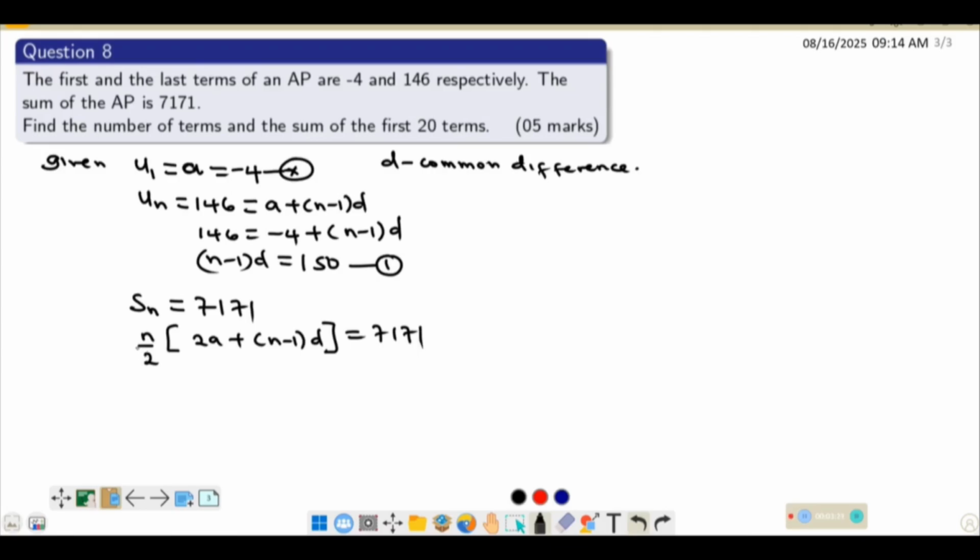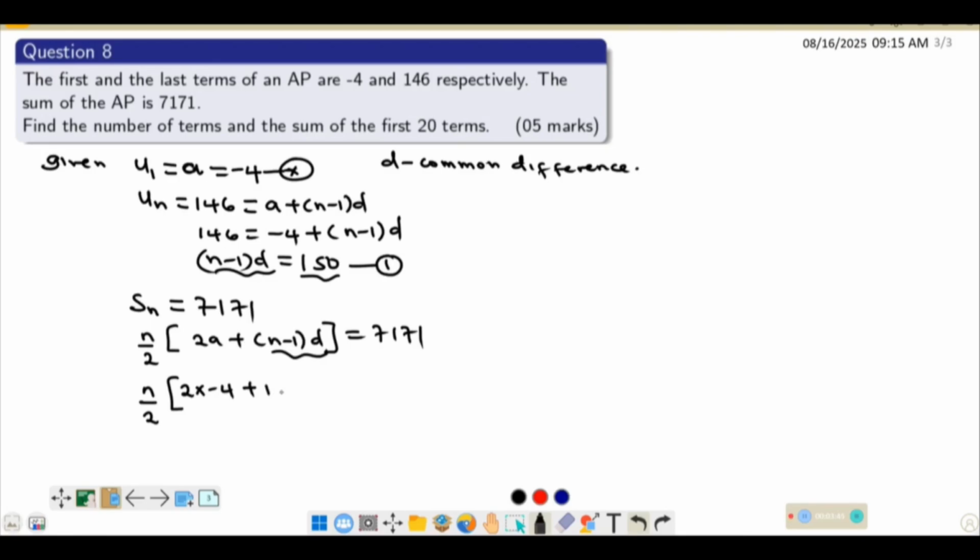We are trying to manipulate this given information to answer the required question. So n over 2, we don't know the number of terms, so we maintain n over 2 into 2 times -4, plus n minus 1 d.